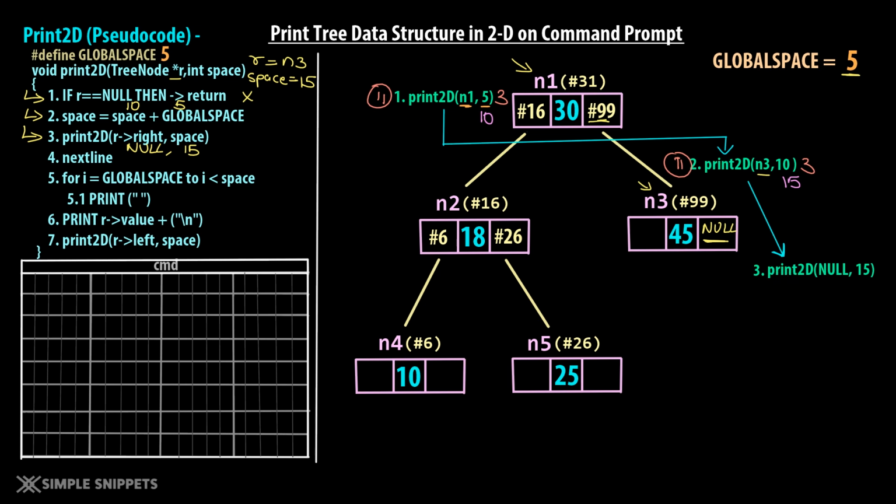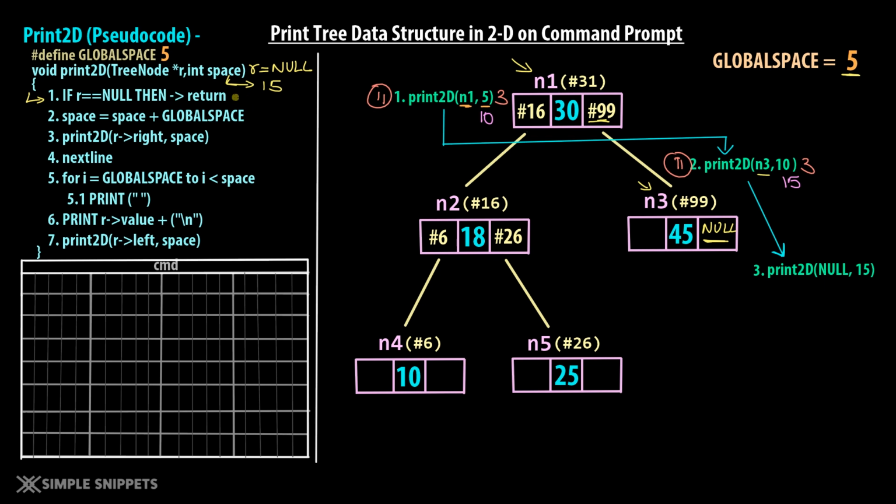So let's start with execution of third print2d. Now talking about the third print2d function, the r value we are passing is null. So r is equal to null this time. The space value is nothing but 15. Correct? Now at the first line itself we are checking if r equals null then return, and this time r is null.